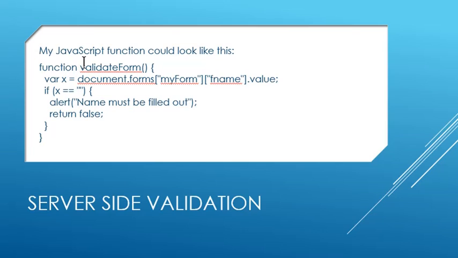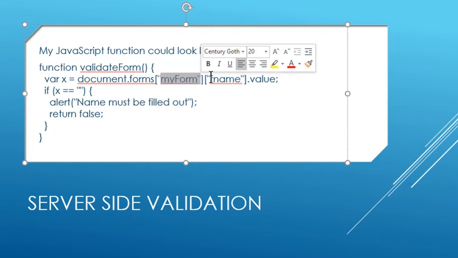It's a function named validate form, which is what was called for in the onClick in your HTML. You're setting up a variable, and you're saying that X is going to equal whatever is in my form in the F name.